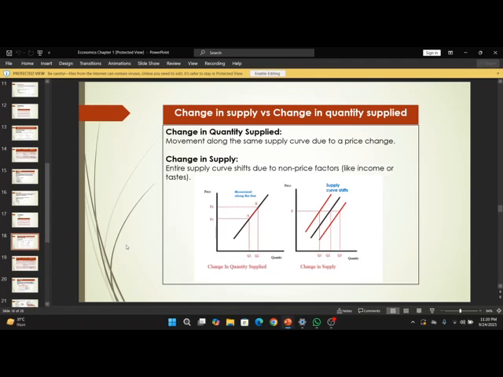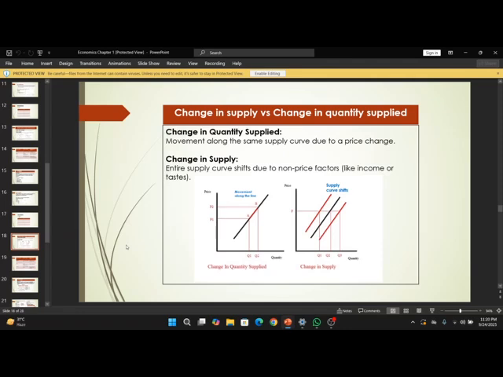Change in supply happens due to factors other than price, such as technology, input cost, population, or government policy. It is shown by a shift of the entire supply curve, either forward, increases in supply, or backward, decreases in supply.